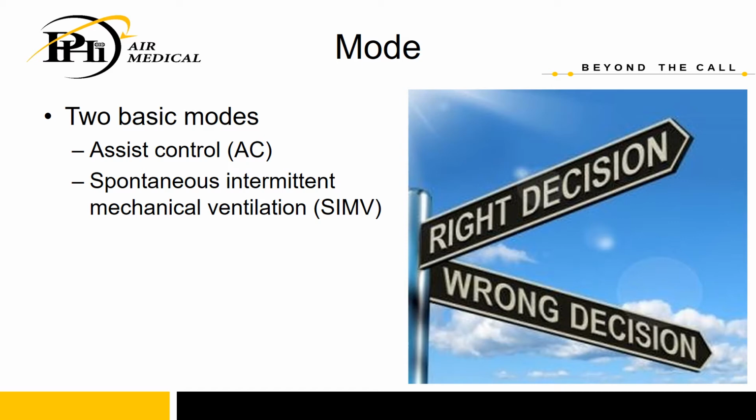The next mode is spontaneous intermittent mechanical ventilation, which is a mouthful, so it's very commonly referred to as SIMV. If you have a patient who is taking spontaneous breaths, SIMV is a very good mode of ventilation for these patients because it allows them to take those spontaneous breaths with a pressure-supported breath, like a BiPAP breath, instead of a full machine breath.